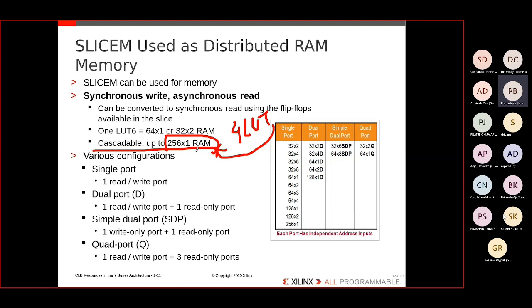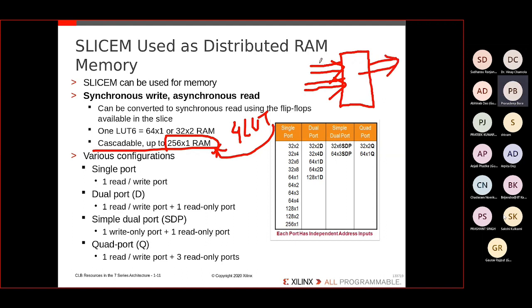Now, using that particular RAM, how can I configure different ports? Let's say there is a requirement for a single port RAM. Single port RAM means one address line, one data in line, and one data out line.